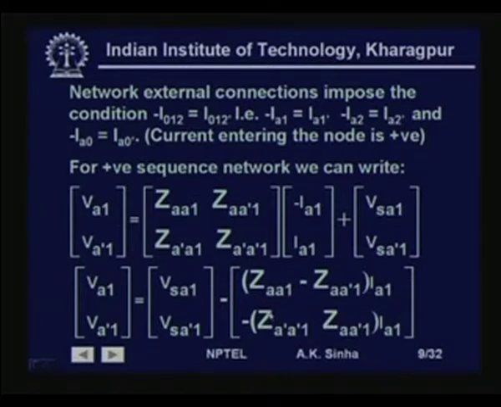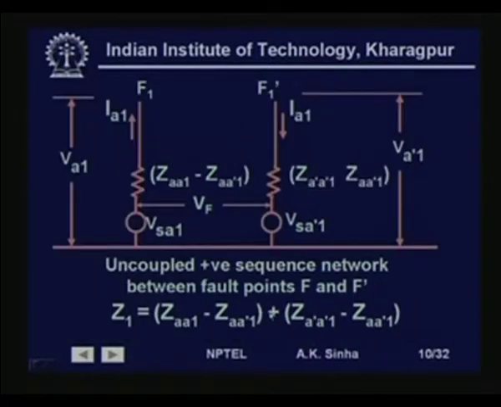So, this is the relationship that we get, which we can write in circuit form like this, where VsA1 is the internal voltage in the system.